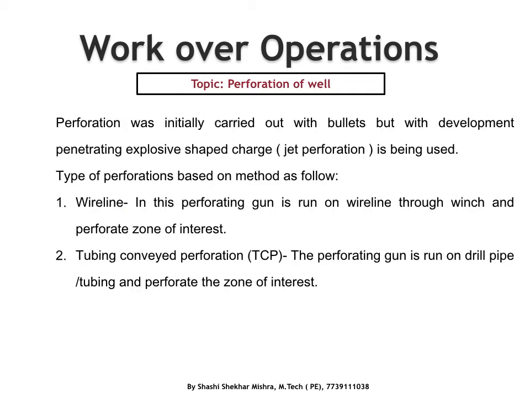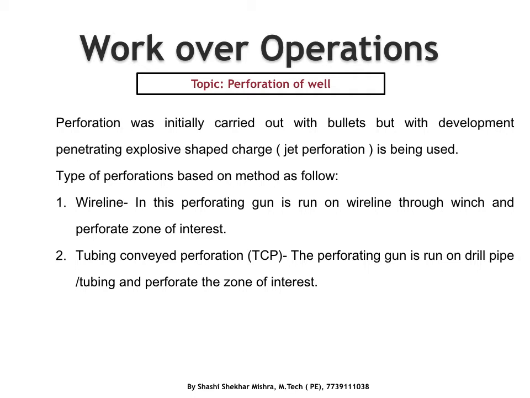Initially, perforation was carried out with bullets, but with the development of penetrating explosive shaped charges, perforation is now mainly carried out by jet perforation. We can carry out perforation in two ways: on wireline or tubing conveyed perforation.